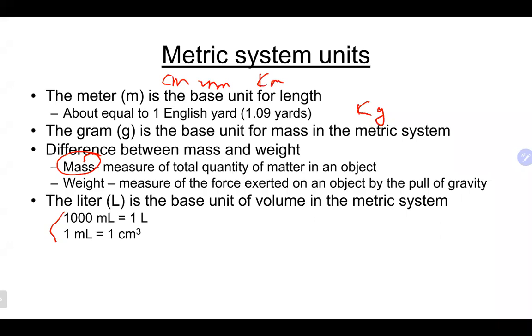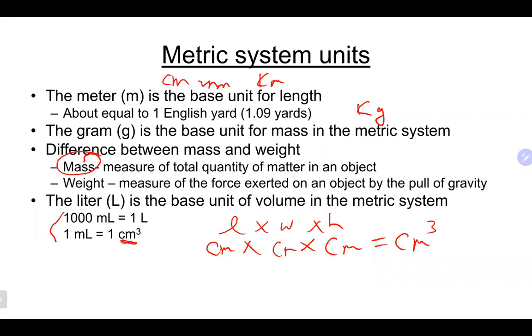How do we get something like a cubic centimeter? It is oftentimes very commonly used to figure out the volume of a solid. And we actually do 3 length measurements. We take the length times the width times the height, for example, of a cube. And if we measure each of those in centimeters, you end up with centimeters times centimeters times centimeters, which gives you a cubic centimeter, which is a volume.